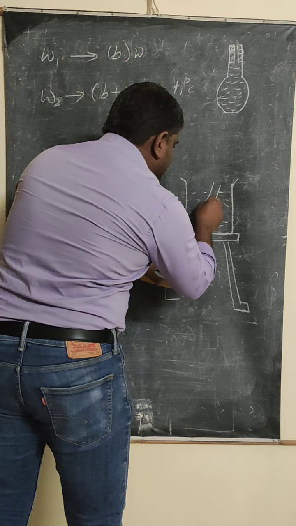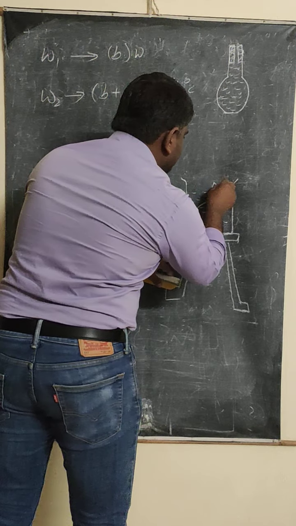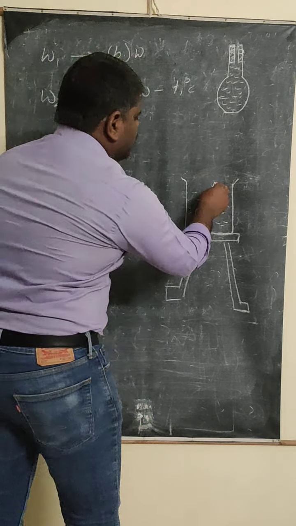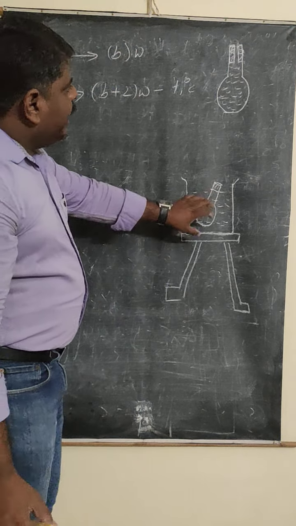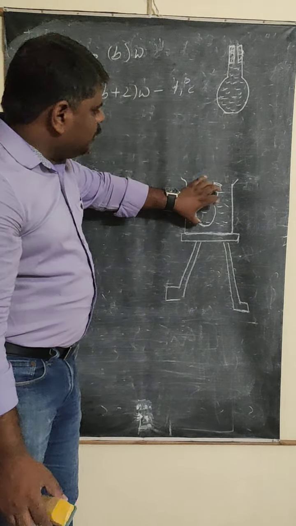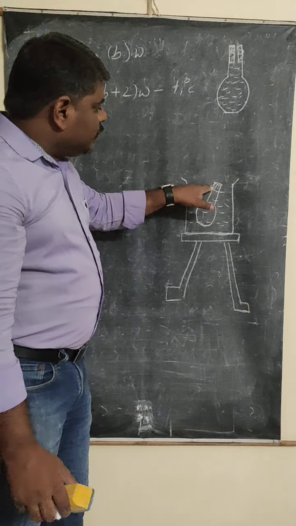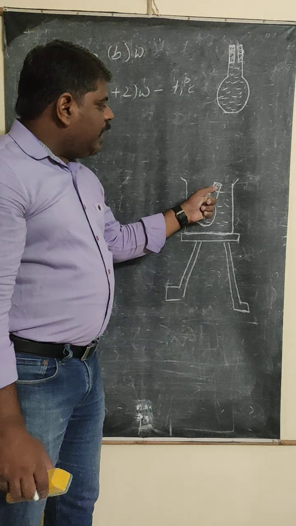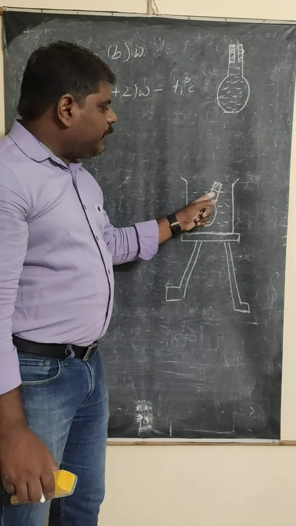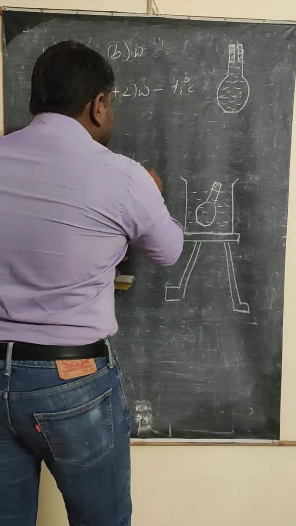This is the specific gravity bottle, and this is the rubber cork. The bottle is immersed inside the water in such a way that the neck is outside the water level.